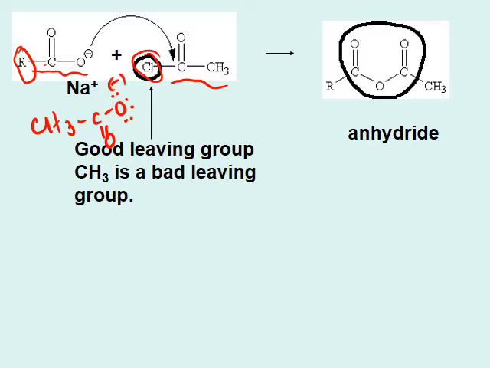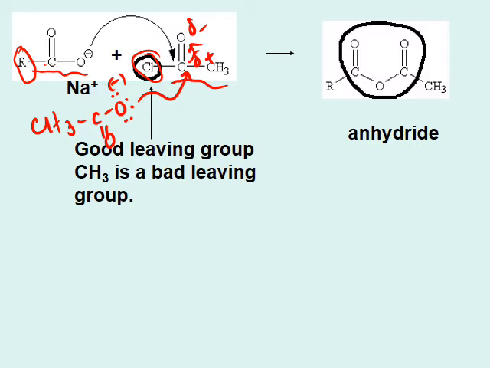So this is O minus, and again O minus gets attracted to the carbonyl carbon, which has delta plus, and then the double bond would initially be broken like this.